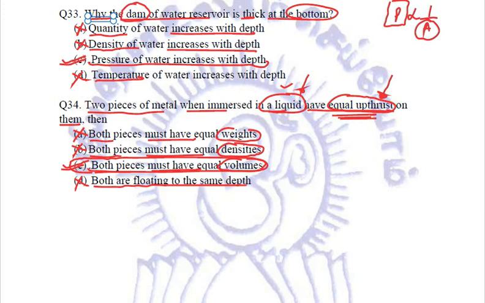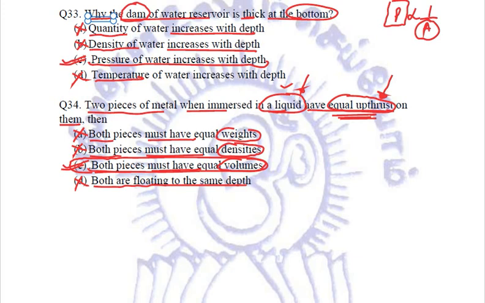Clear? And in case you feel that there are a few topics or any particular topic which you are not yet fully prepared with, or you are not yet fully confident about, just make sure that you open up your books and you do that particular topic thoroughly.